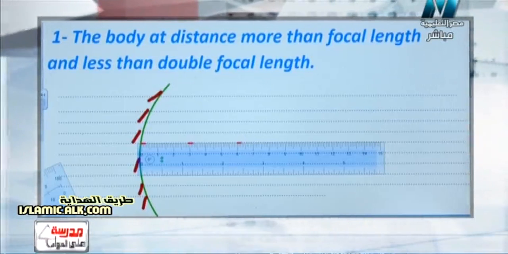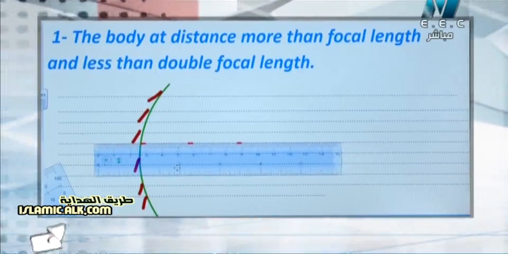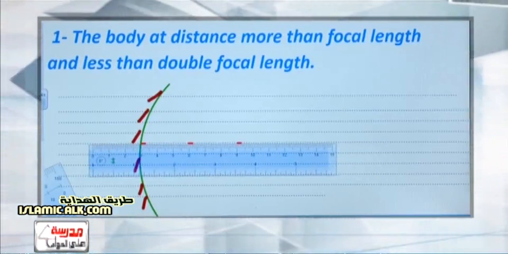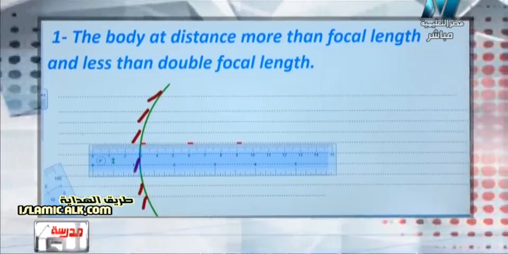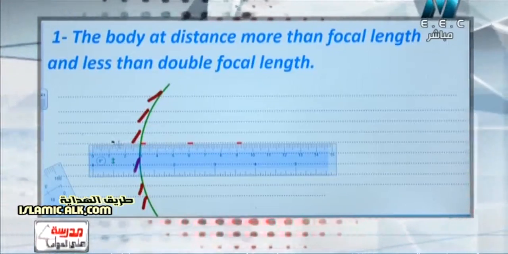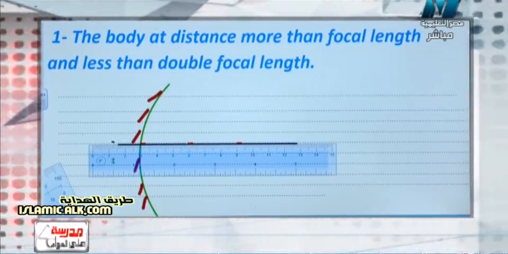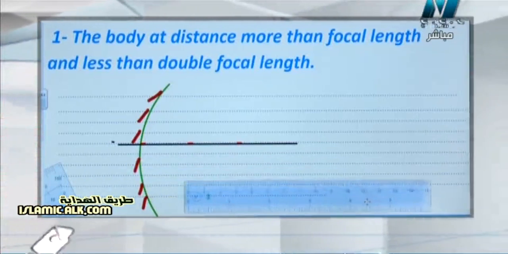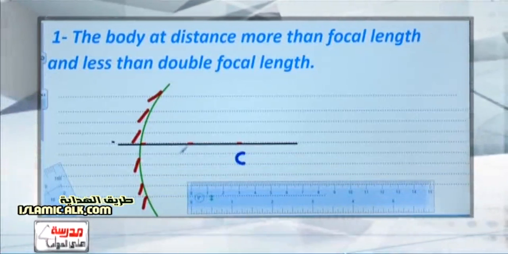Then before we remove the ruler we should draw the principal axis. We determined the three main points, and now we have the principal axis as we have here, like that.